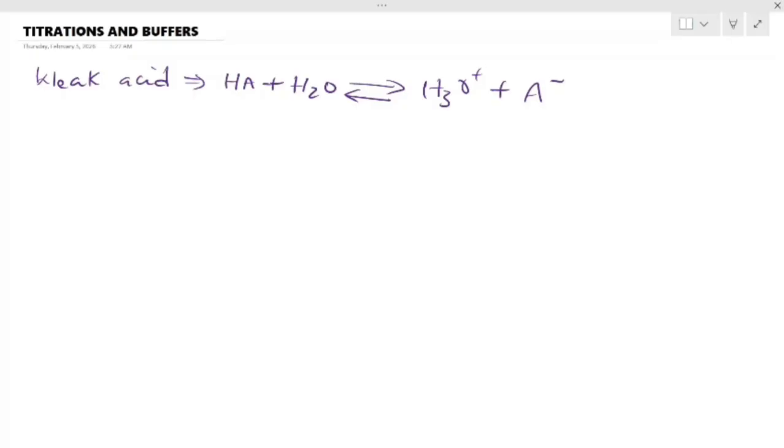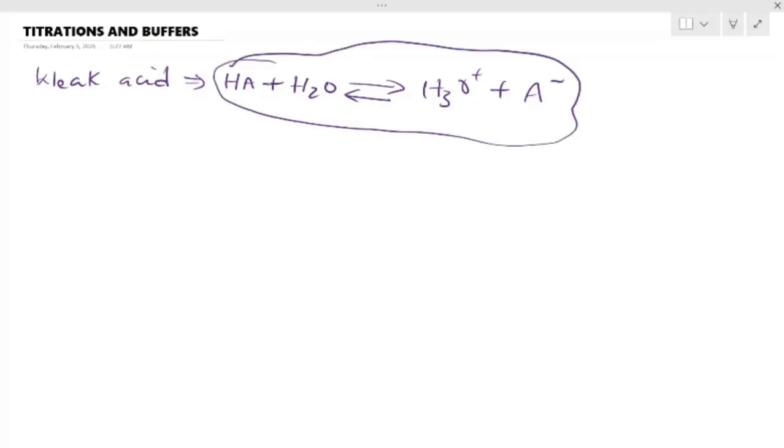A could be anything. So in this reaction, as you can see here, what you have in solution is the hydronium ion, which is the same thing as H plus. Remember that we said that this hydronium ion here is the same as H plus, or your proton.